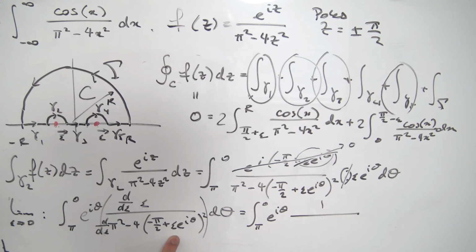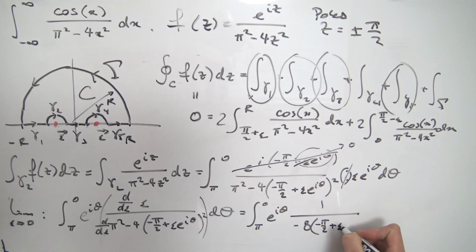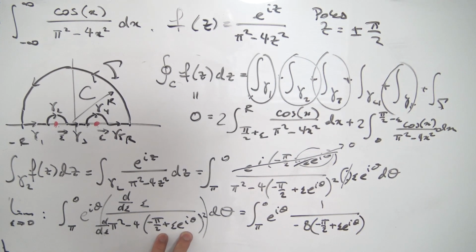And in order to differentiate this thing, it's best just to use some chain rule. So first of all, outside derivative, we have the squared right here. Make it jump down. That's going to become a negative 8 down there. Then we still have the same junk inside, so minus pi over 2 plus epsilon e to the i theta. And now we have to take the derivative of the inside right here. Notice epsilon is kind of like our variable.